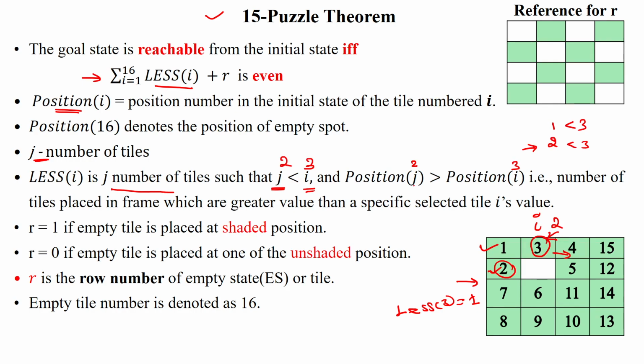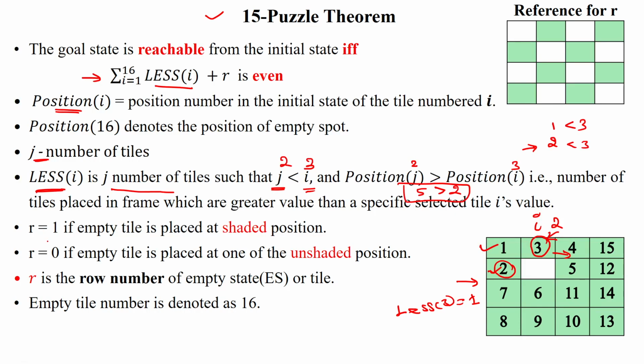Look at that: the position of 2 is here 5, greater than the position of 3, which is here 2. This 5 is greater than 2, that means this counts how many tiles are positioned after that tile i. That is the meaning of less of i.